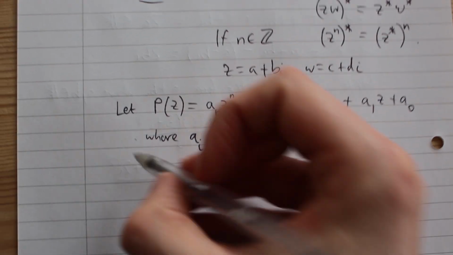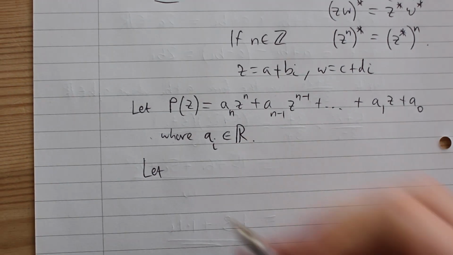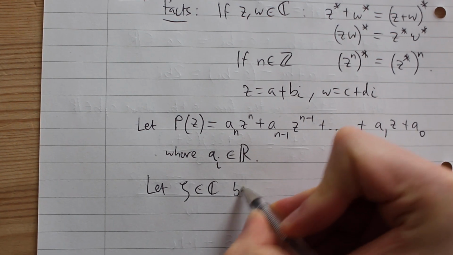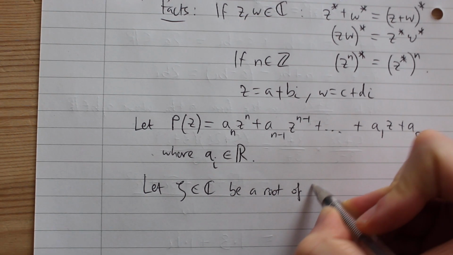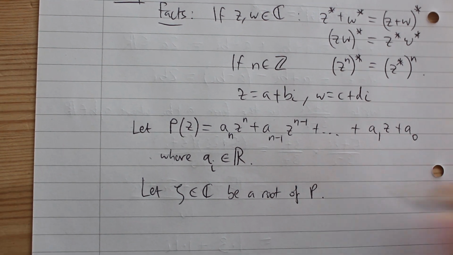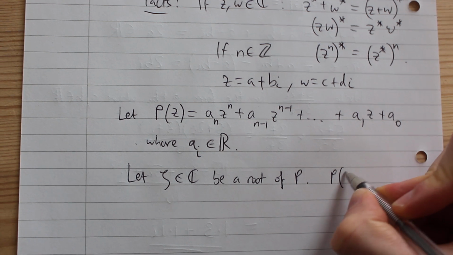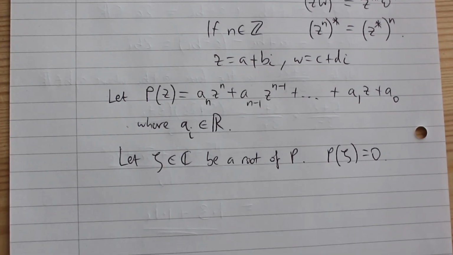So let's say zeta in the complex numbers is a root of this polynomial p. What does it mean if zeta is a root? It means that p of zeta is 0.